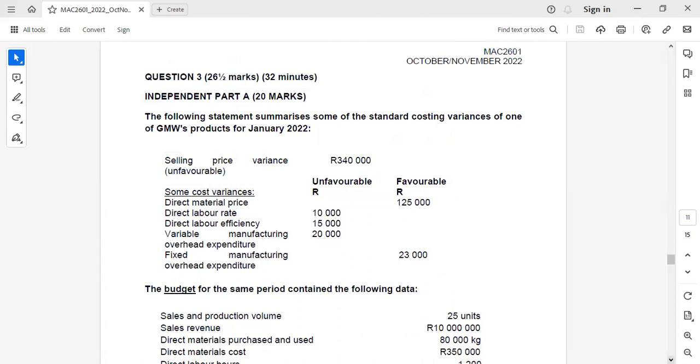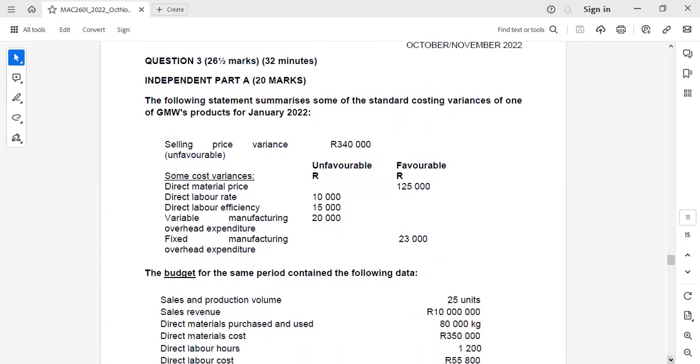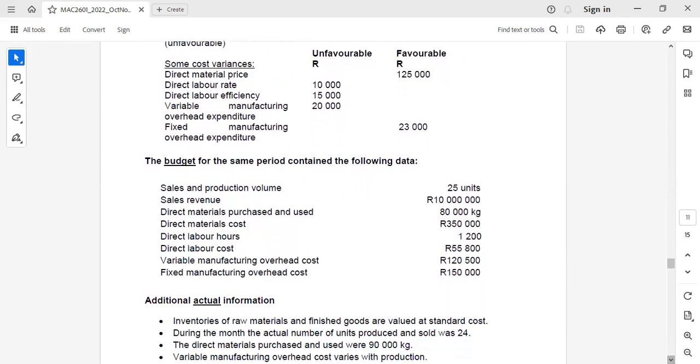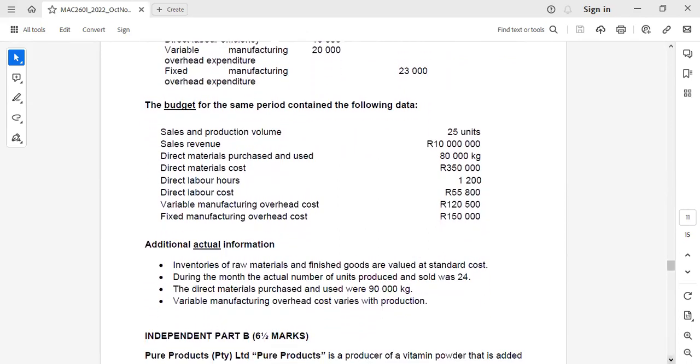We can determine the budgeted selling price, because according to the budget, we were to sell 25 units and the revenue was 10 million. So we can get the budgeted selling price.